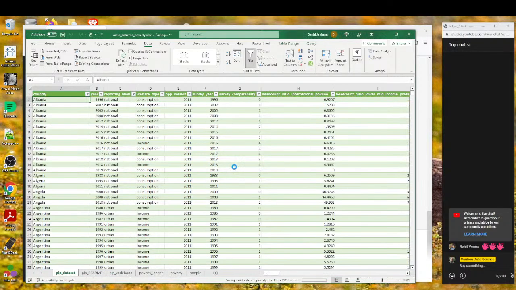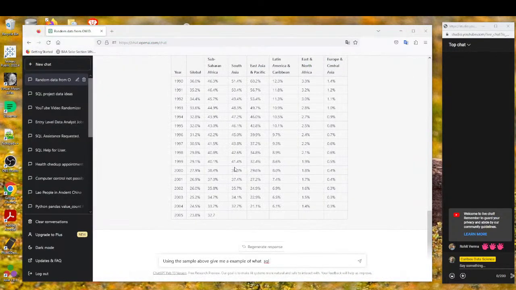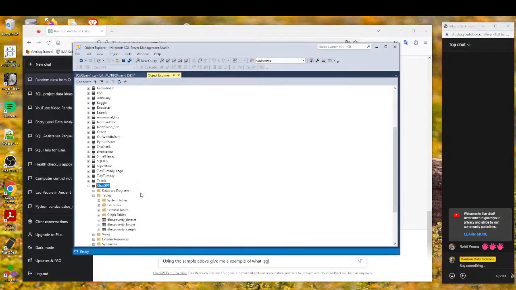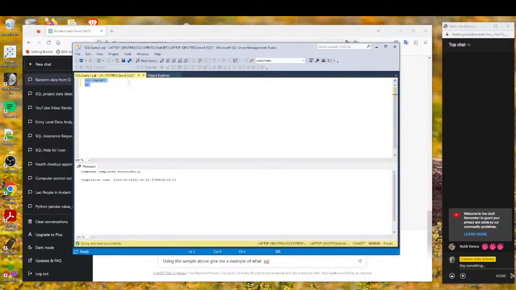Okay, good. Now I think I've already... Let's do a save here. Let's go over here. Did I import the poverty rate over here? Poverty data set. So let's do this: select star from poverty data set.